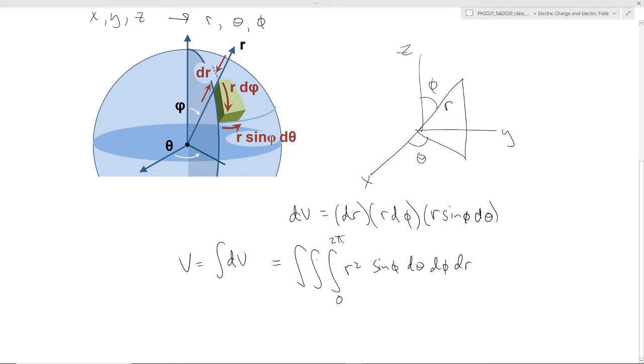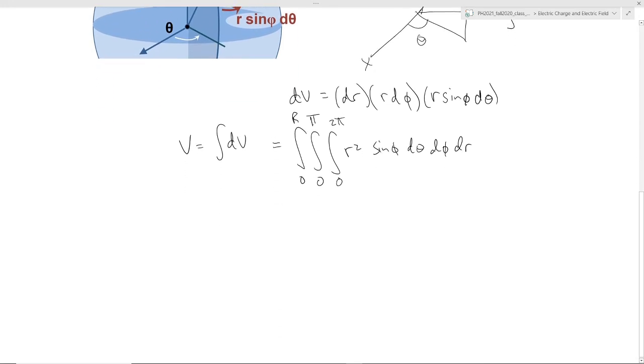Our phi integration only goes from the North Pole to the South Pole, so that will be from 0 to pi. And our r integration, let's call it from 0 to big R, where that's the actual outer dimension of your sphere.